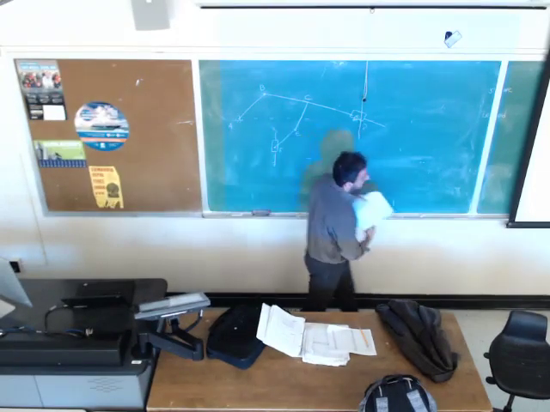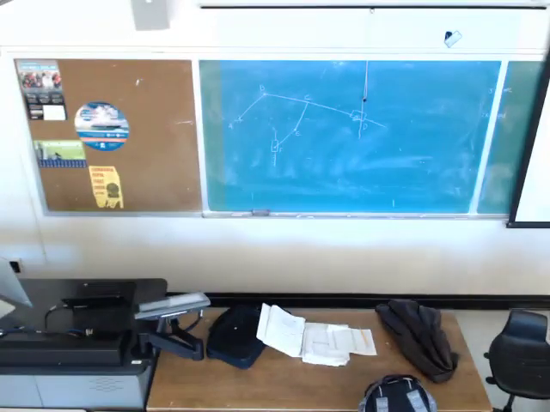Alright, we have this mechanism. When you are given a mechanism, first you need to find the degree of freedom. To find the degree of freedom, you need to find the number of links and the number of joints.